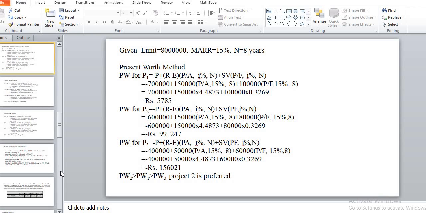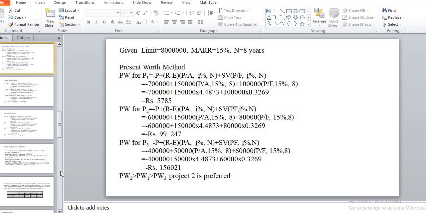Now the present worth method is related to consideration of the present value. So they convert all the cash flows to present values. P is nothing but the investment at the present time, so for that we should not apply any factor. So this P term remains as it is.